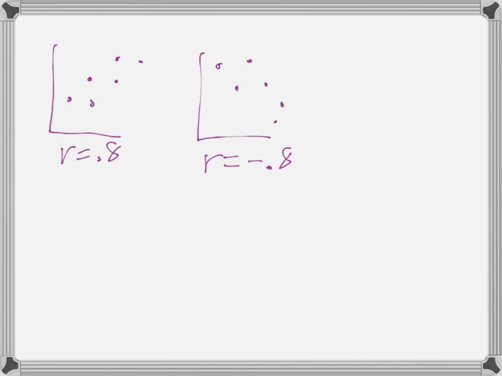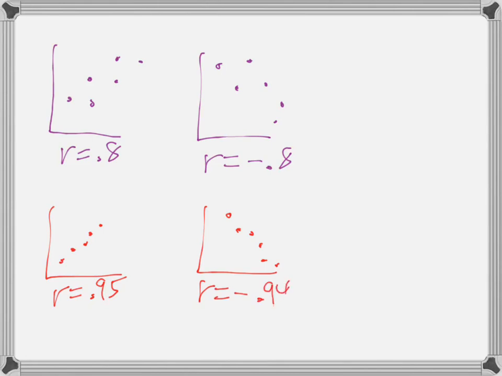If you had dots going up almost exactly in a straight line, that'd be like 0.95 probably. And if you had dots going down virtually in a nice tight straight line, that'd be negative 0.94 maybe. Get the idea? And if you had dots that were just crazy random, that would be R basically 0, something like 0.13 or who knows.